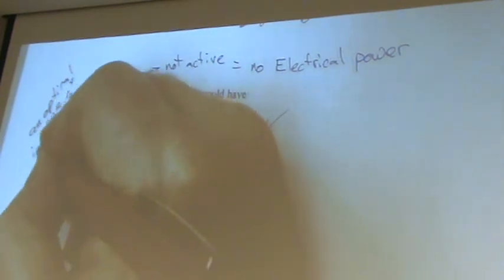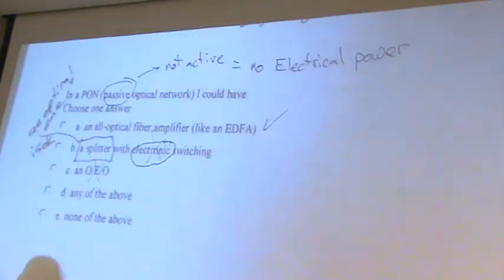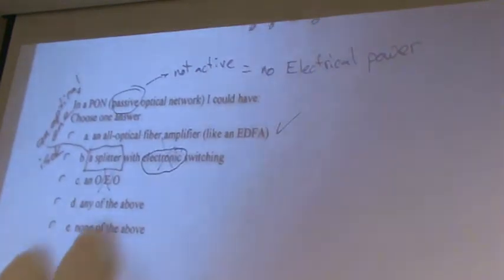And we talked about that coupling and how two fibers close together can form a splitter. That type of splitter would be all right, because it's passive, because I don't have to plug it in.